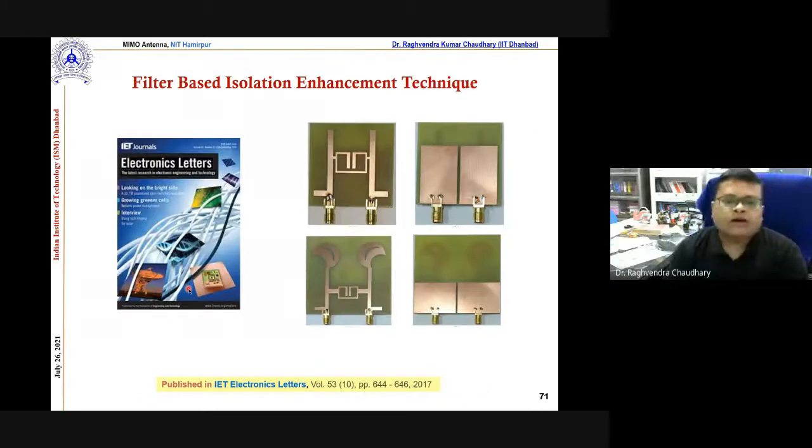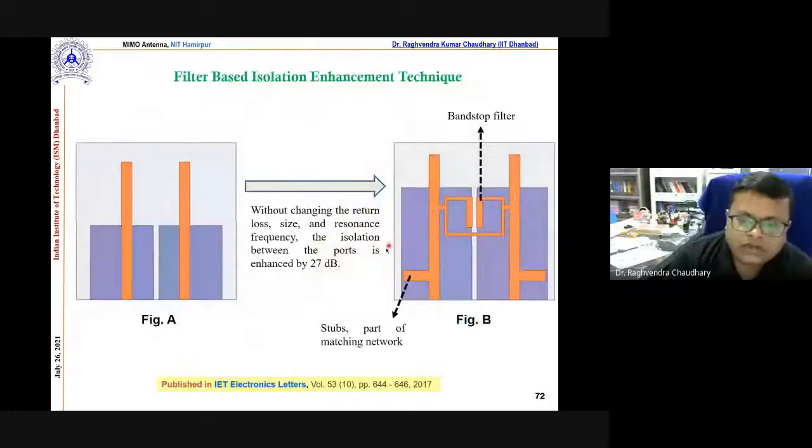The other part is filter based isolation. Here particularly, you can see the monopole antenna with a partial ground plane. When we introduce this filter band here, the isolation improves by more than 25 dB.